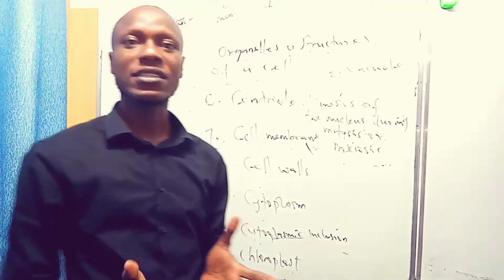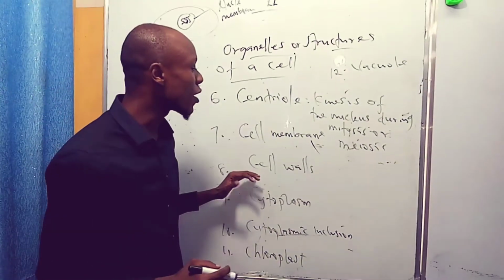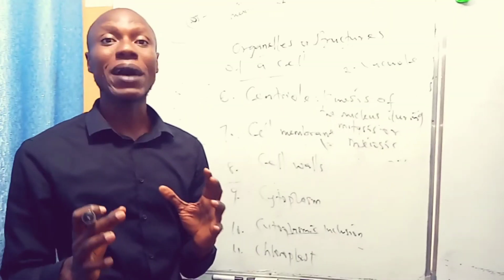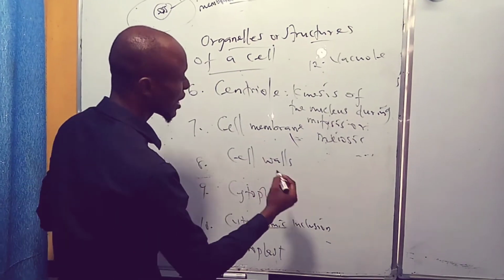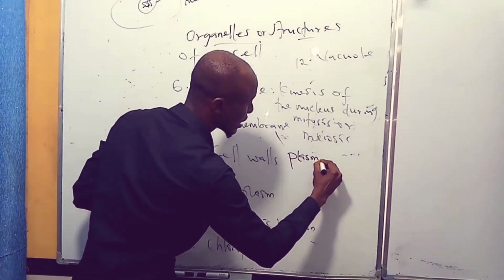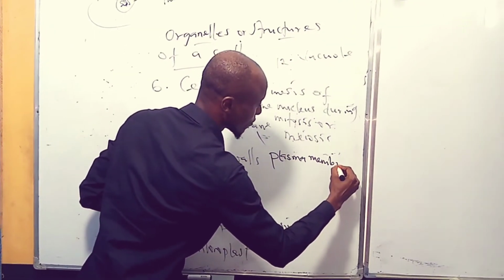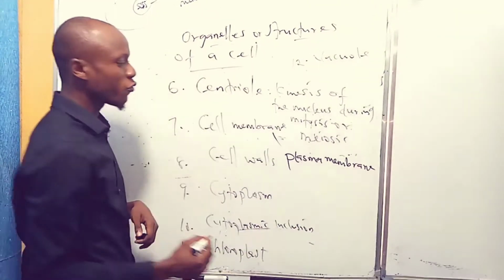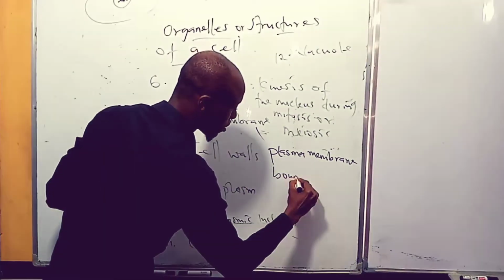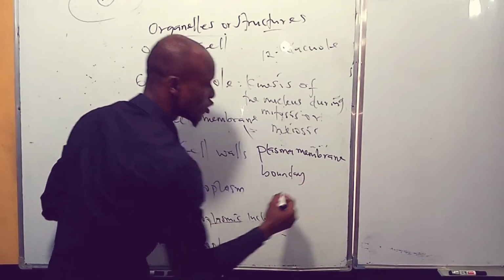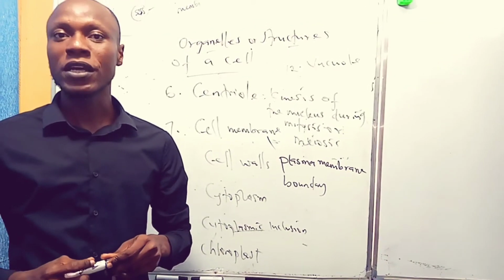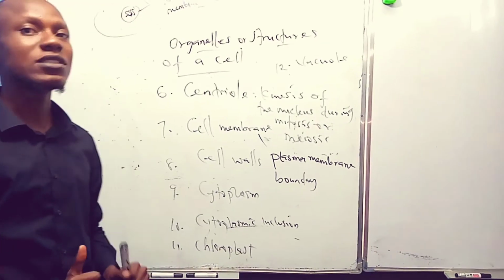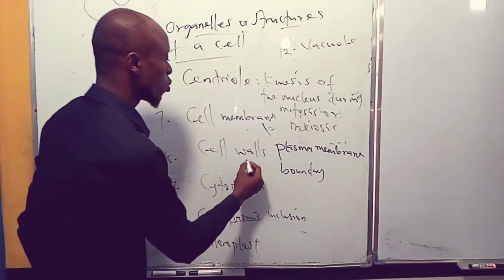Not only the entire cell, but every other organelle is what? Enveloped by what? A membrane, known as what? The cell membrane. The cell membrane can also be called the plasma membrane, forming a boundary between the external environment and the internal environment of the organelle or what? The cell.